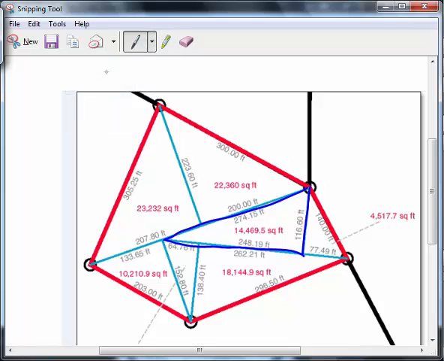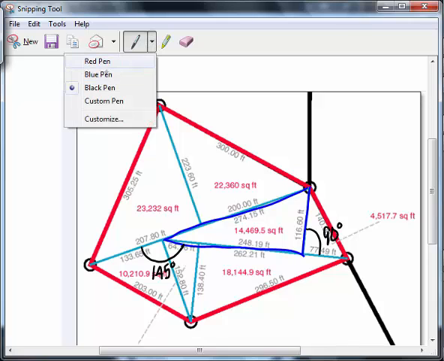This exterior angle here is 90 degrees. This exterior angle over here is 145 degrees. We want to find the three interior angles.